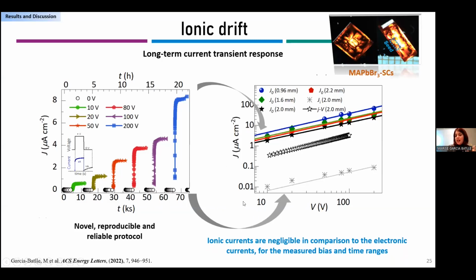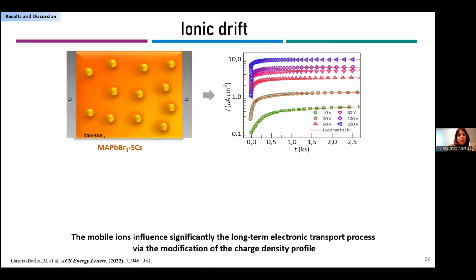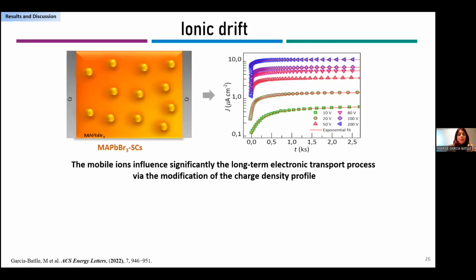Okay, they are negligible, but they influence the long-term current response, because the exponential increments of this current are purely electronic, but the time constants are too large, so this has to be connected to ions. This is the main conclusion here.